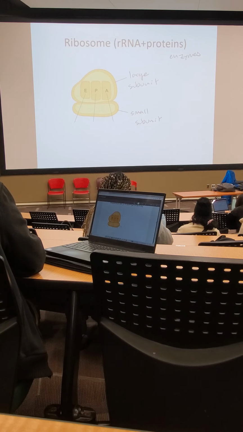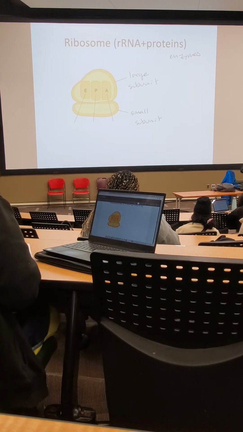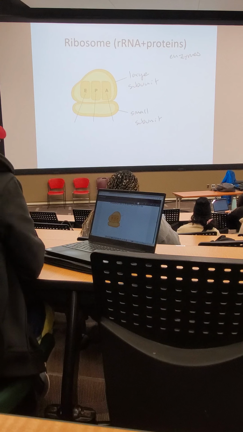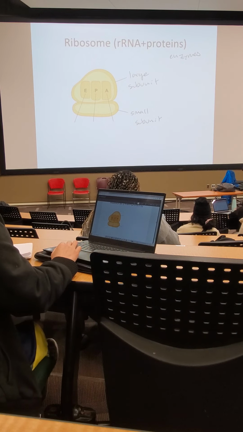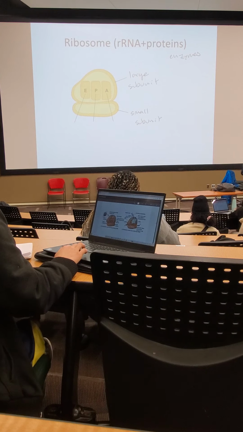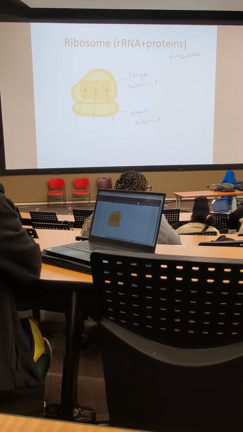And then there are three sites labeled E, P, A. Does anyone remember from the reading what these sites are? You can start left to right. So the first site that's occupied is actually the A site.